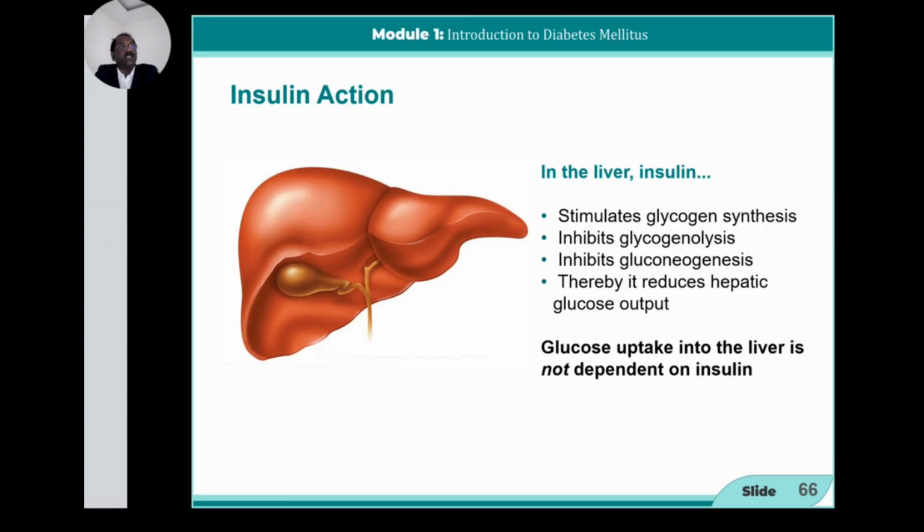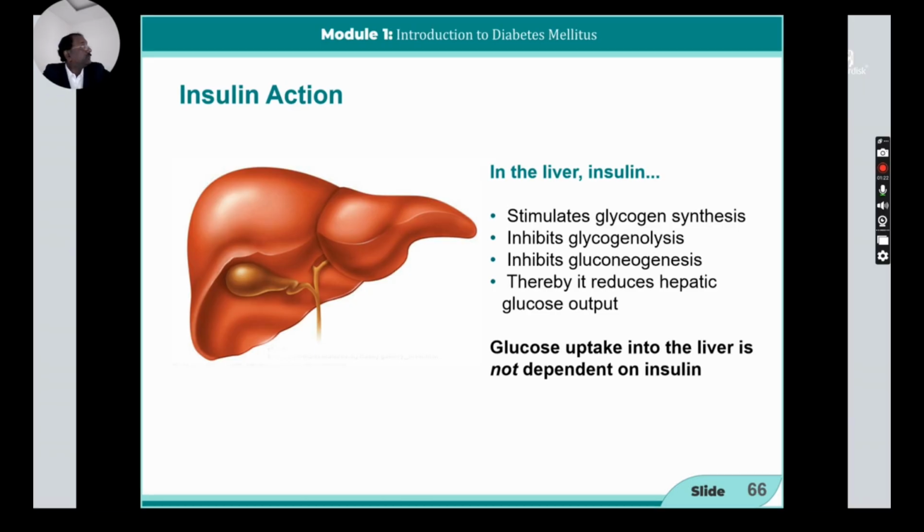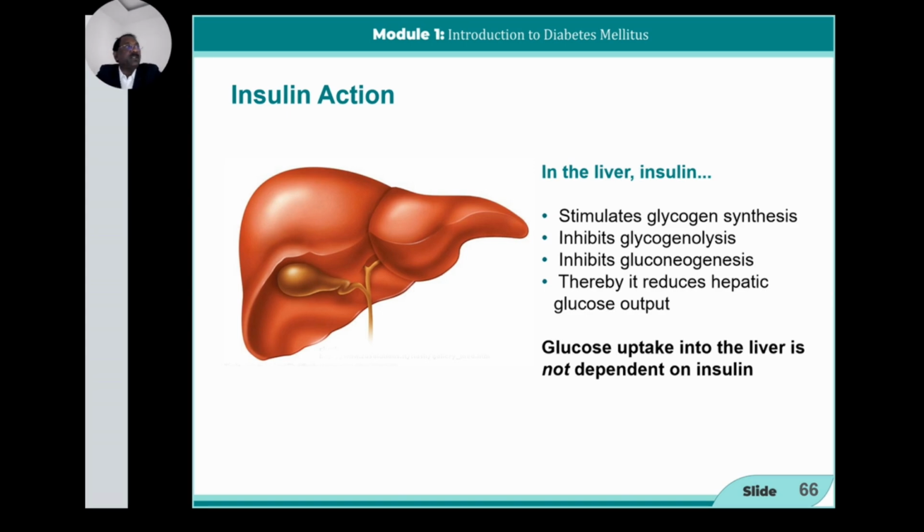Suppose what happens when there is no insulin? The reverse. In type 1 diabetes, what happens? It stimulates glycogenolysis, so whatever glycogen is there in their body will be converted. Then it stimulates neoglucogenesis. So what happens to their body weight in type 1 diabetes? Why does it decrease? Because of the protein loss. Why protein loss?